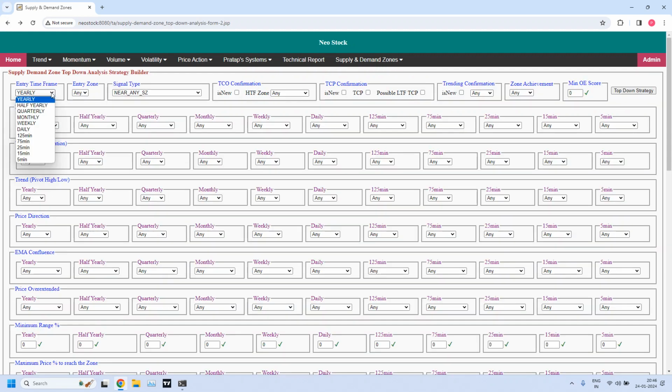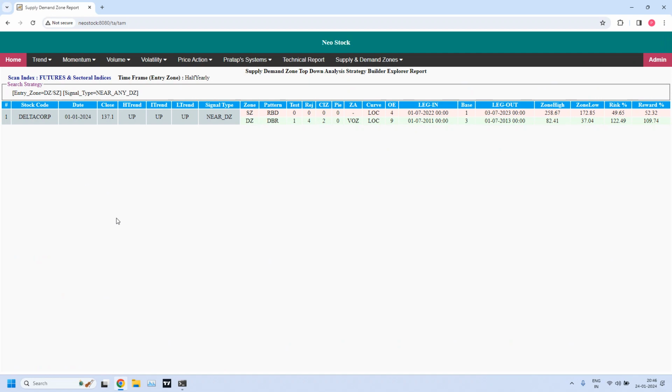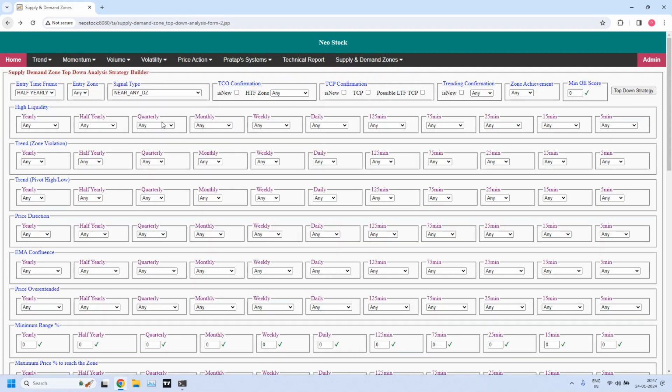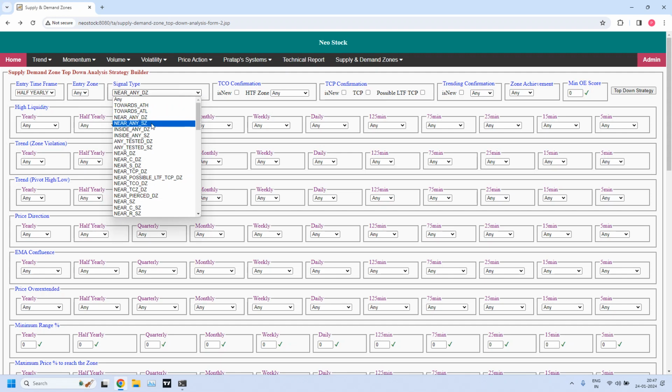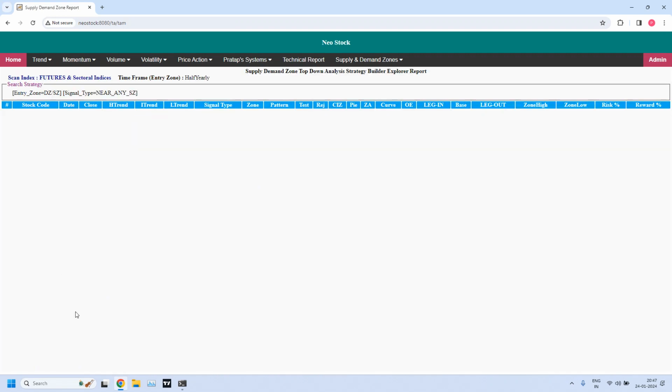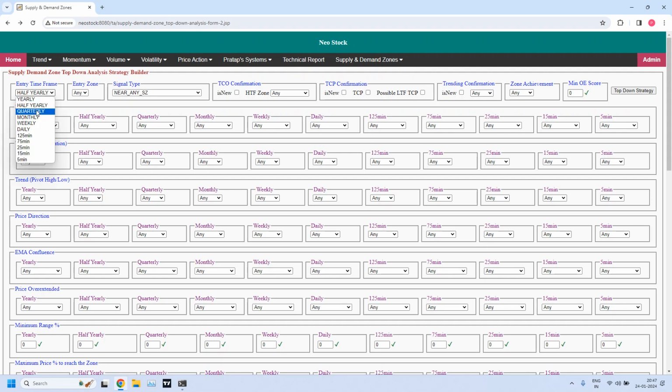Let's go back and change the time frame to half yearly. Let us find the stocks near the half yearly demand zone. One stock is near the half yearly demand zone. Let's go back and find the stocks near the half yearly supply zone. No stocks are there. Let's go back and change the time frame to quarterly.